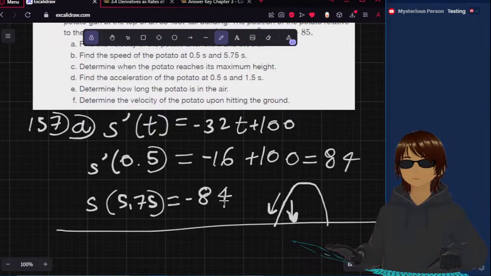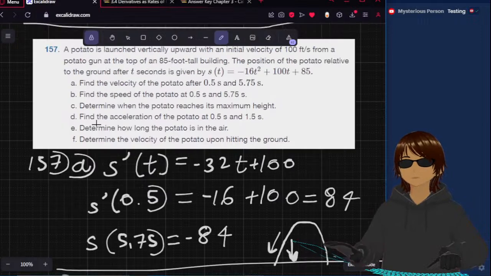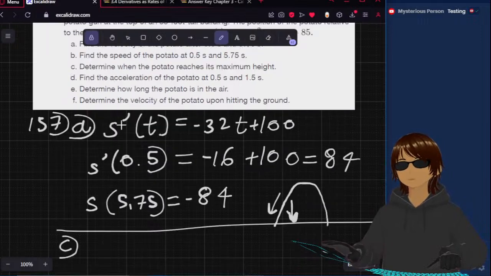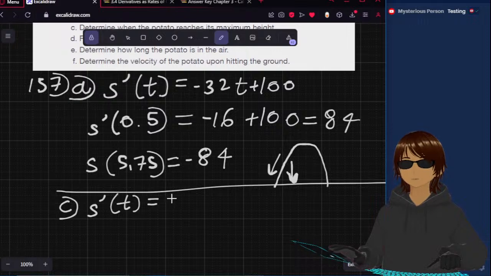Okay, let's just do C. Maximum height is when the velocity is 0.